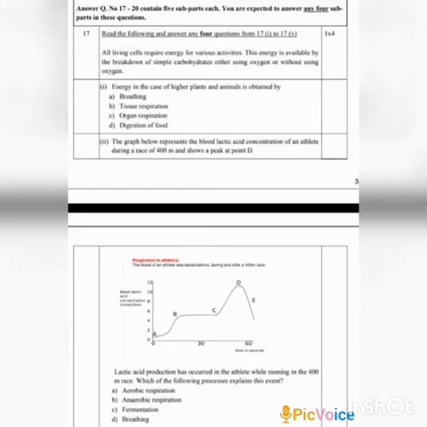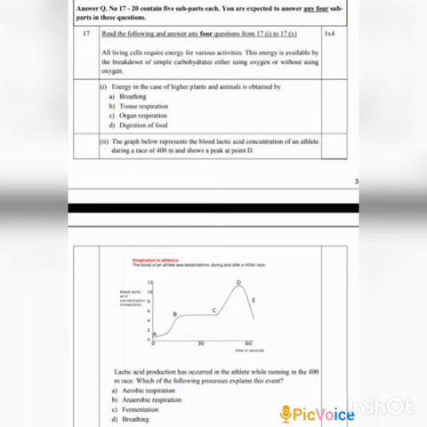Here the question is, read the following and answer any 4 questions from 17.1 to 17.5. So here 5 questions are given, but you have to select only 4 questions from these 5 questions. All living cells require energy for various activities.